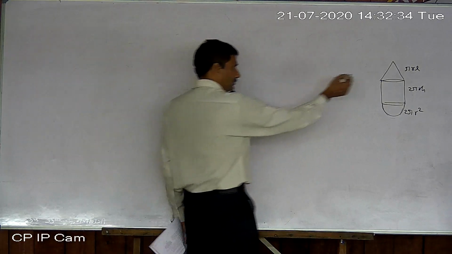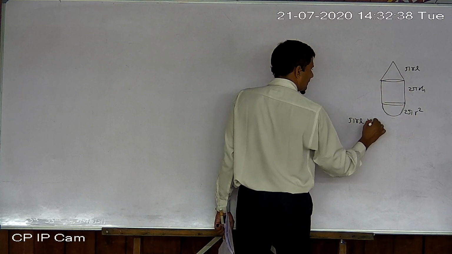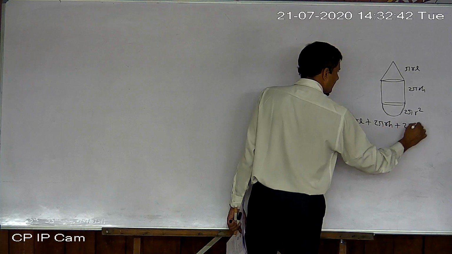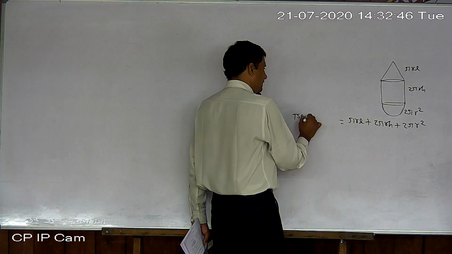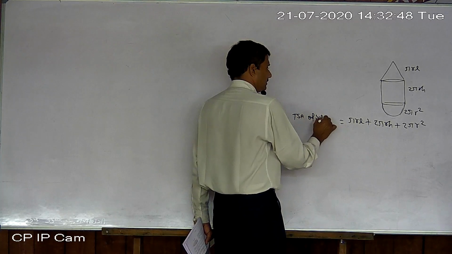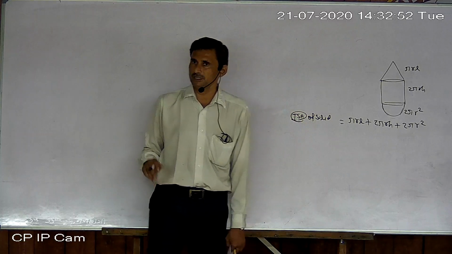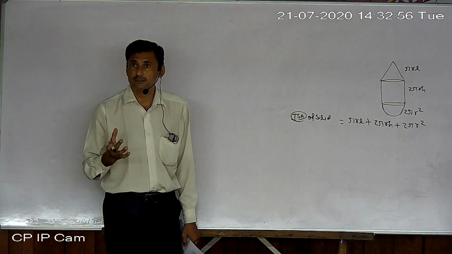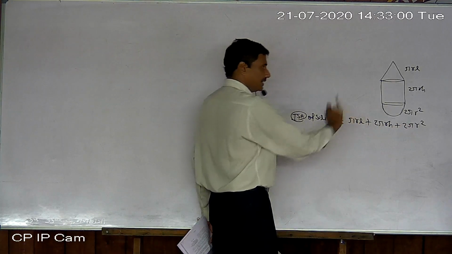So if I want to find the total surface area of this solid, I write only the curved surface area formulas. It is the TSA of the solid, not of any particular shape, meaning the curved surface areas of all individual shapes.